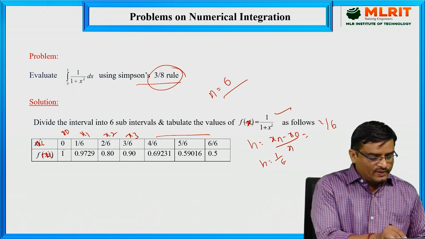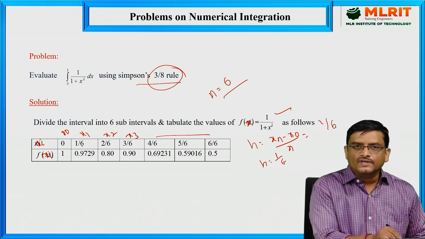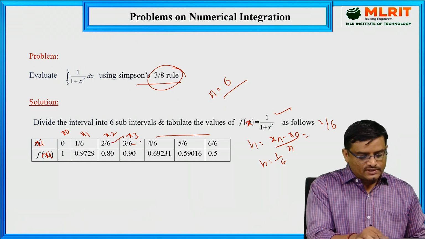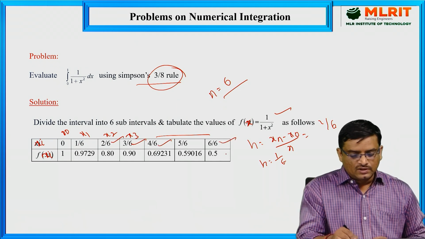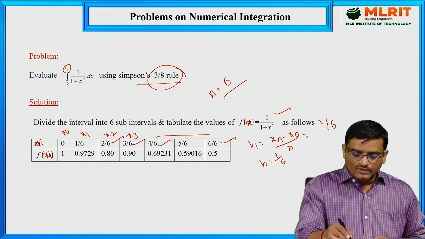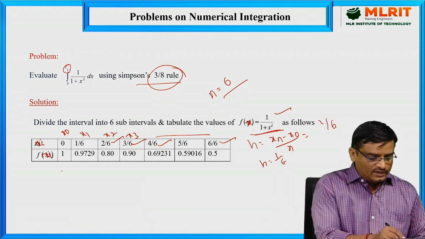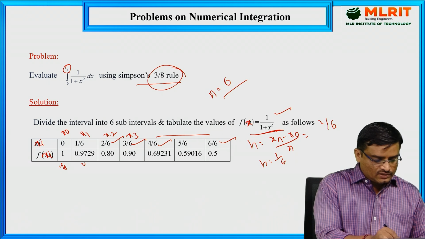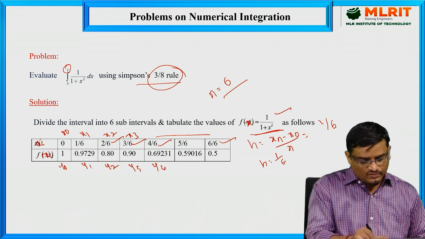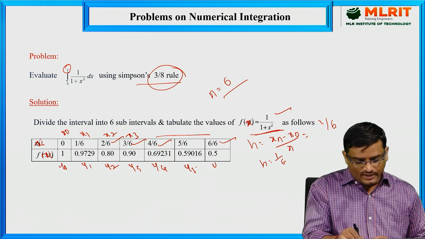Now add 1 by 6 to 0, you will get 1 by 6. If you add 1 by 6 again, you get 2 by 6, 3 by 6, 4 by 6, and so on up to 6 by 6, which is equal to the upper limit. By using this function, you get the values of y, that is y0, y1, y2, y3, y4, y5, y6.